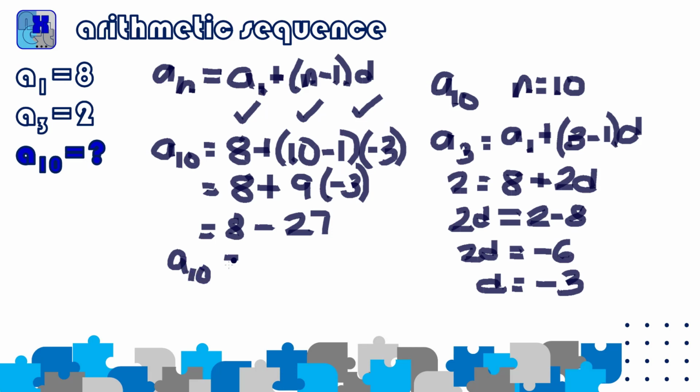So the 10th element of your sequence, when the first element is 8 and the third element is 2, is equal to negative 19. So this is how we solve for the nth element of an arithmetic sequence given two different elements and by solving for the common difference.